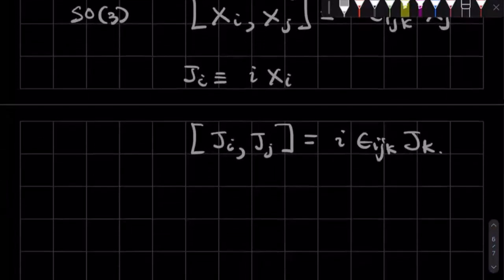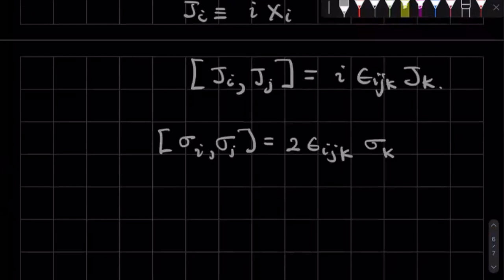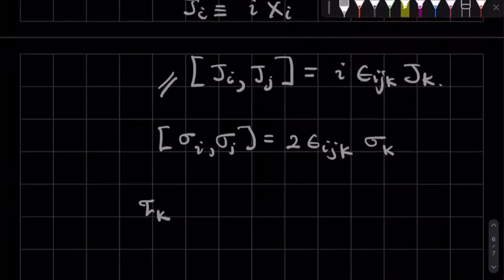No. So the idea is that the Pauli matrices satisfy this algebra. And usually for SU(2), the SU(2) algebra is the same as the SO(3) algebra.